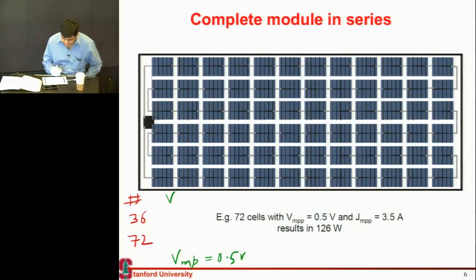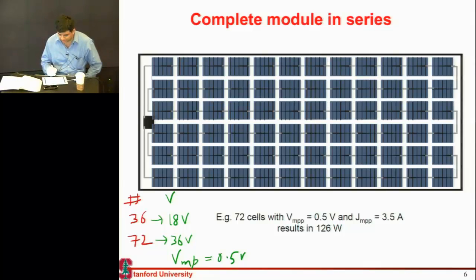So if that is the case and 36 of them are in series, then the voltage that I'll get across this panel is approximately 18 volt. Similarly, if I have 72 of them, then the voltage that I'll get is approximately 36 volt. And this is typically useful, especially when you are using these panels directly to charge up a battery.